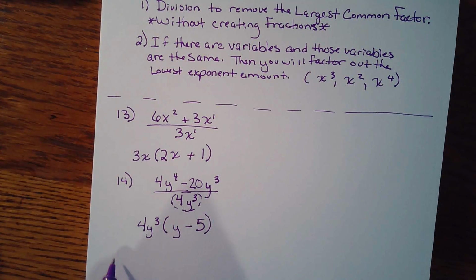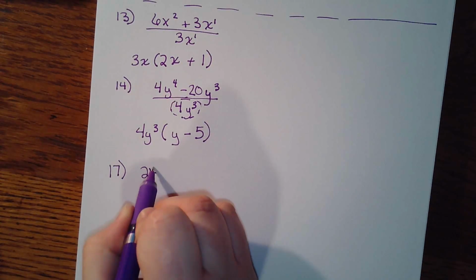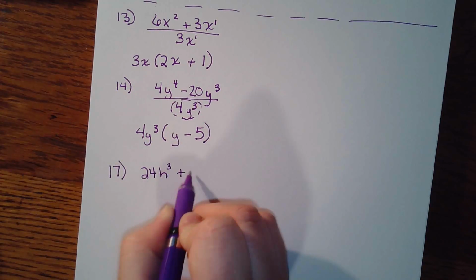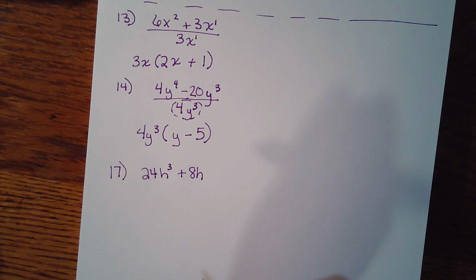Looking at number 17, and let me push my paper up a little bit here. Number 17 is 24h cubed plus 8h. Once again, we look at 24 and 8. In number 14 we noticed they both could have been even, but then you would have noticed that 4 came out of 20.